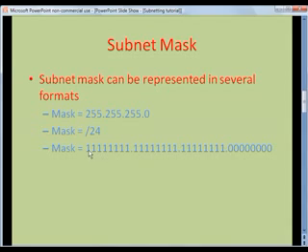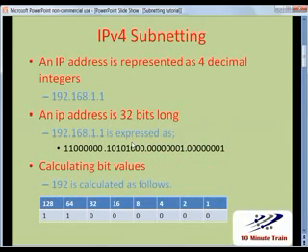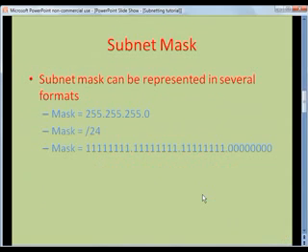And how that works is, if you look at all these bits are marked as ones. So if we go back to our table here, and we would have all ones across the board here, we would have to add up all these associated values: 128, 64, 32, 16, 8, 4, 2, and 1. That comes out to 255.